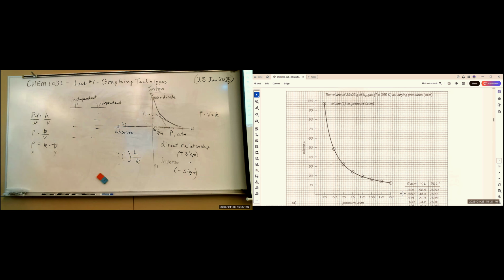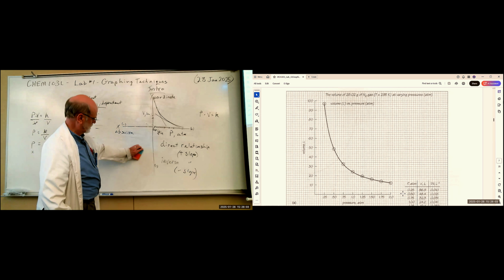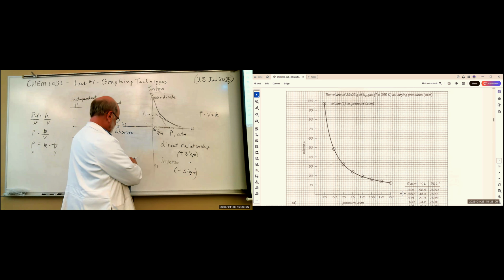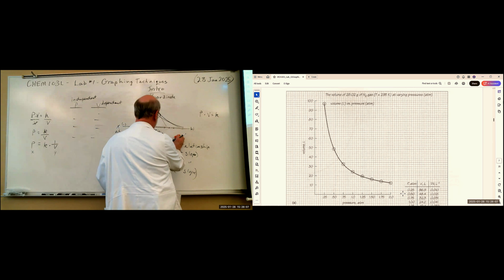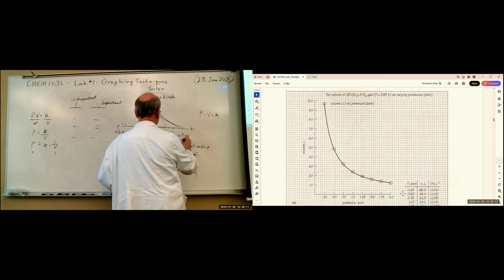But for purposes of argument, we can trade places with them for graphing purposes. We could put 1 over V on the Y-axis, and P, well, we just keep it that way. It works out just fine. This one didn't change, atmospheres.